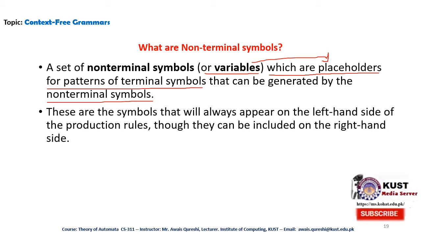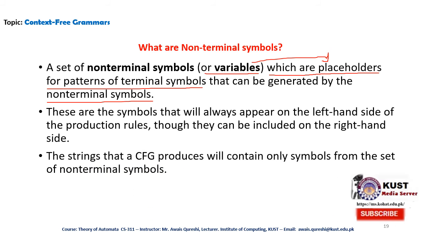These are the symbols that will always appear on the left hand side of the production rules, though they can be included on the right hand side later on. So we should say that the non-terminal symbols are somewhat flexible, because they can appear on the left hand side and on the right hand side with terminal symbols.